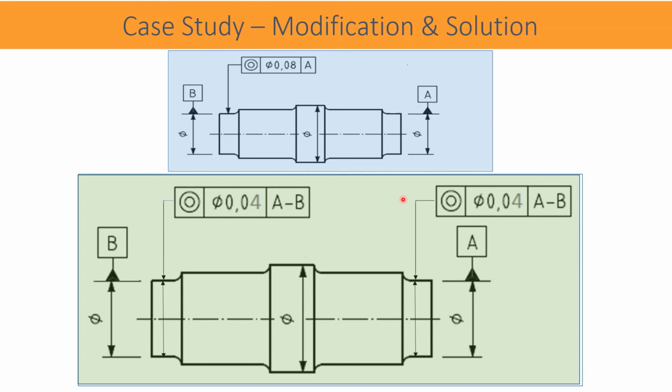Point number 2, concentricity tolerance zones are divided equally between both the cylinders. For example, if there is a value T in the original tolerance, then for both the cylinders it would be T by 2. And finally, point number 3, both concentricities are measured by a common datum A-B.